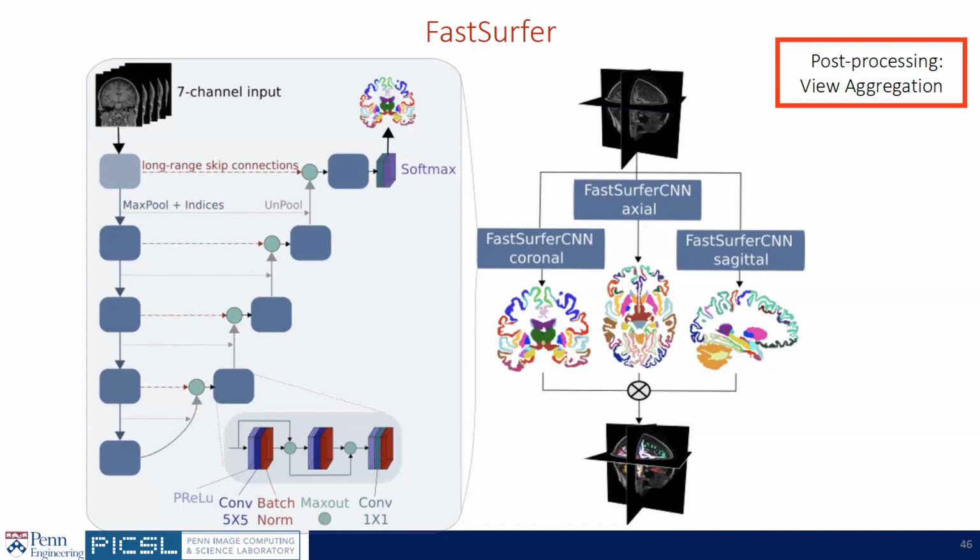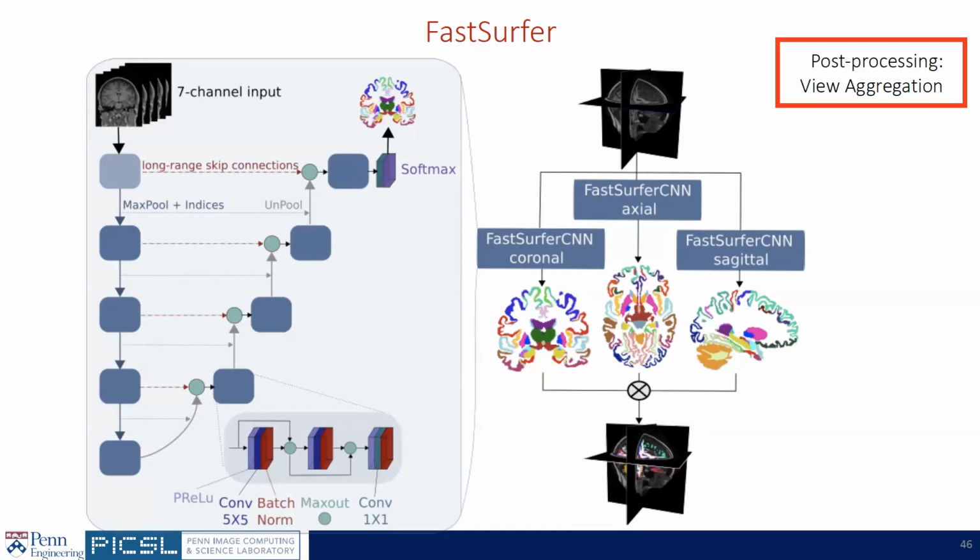This way, for every voxel in my image, I would have 3 different predictions, one from each CNN model. Then I can do either a weighted average to get the final label for that voxel, or a majority voting between these 3 networks, or whatever operation you want.